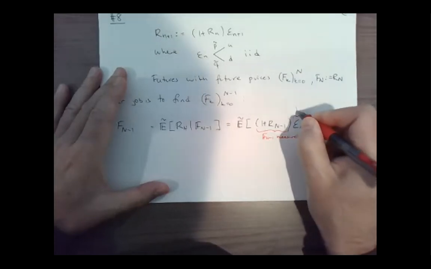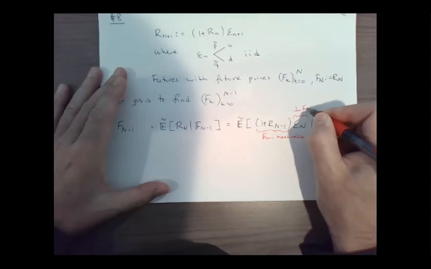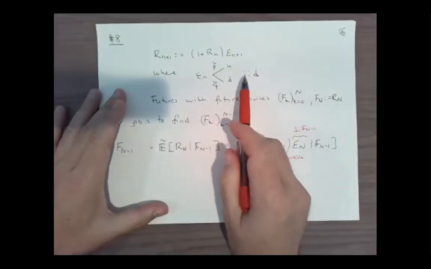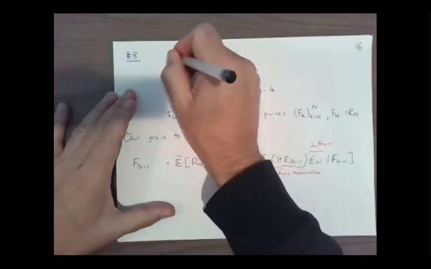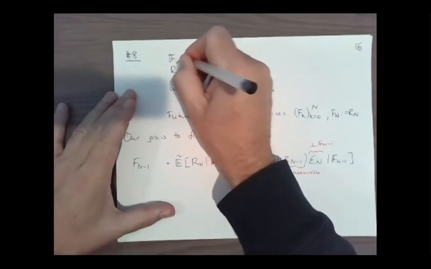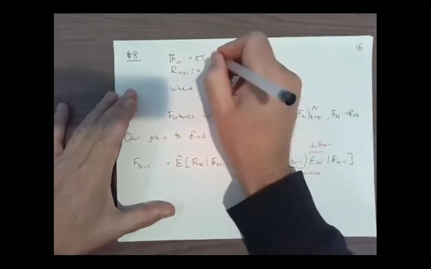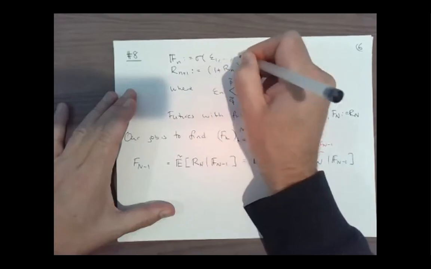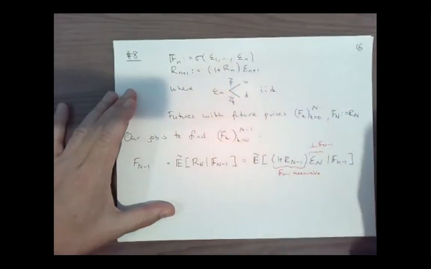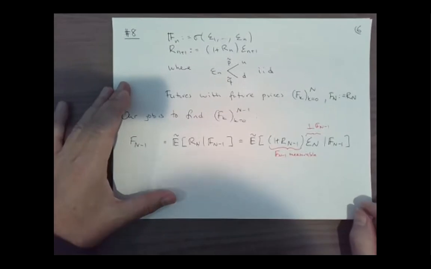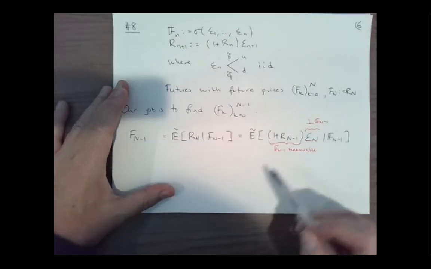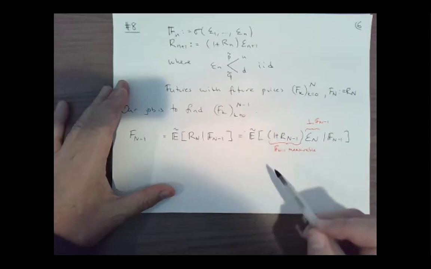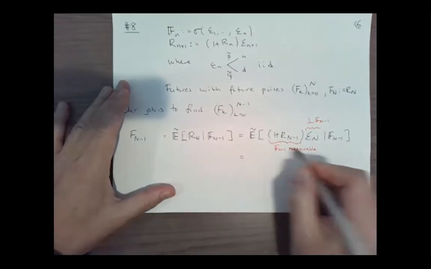This quantity is independent of F_{n-1}, and this is where we're using the IID assumption. Of course, I should have been more specific: F_n is the sigma algebra that the epsilons generate. So this thing is measurable and can go outside, and we just take the conditional expectation of the remaining components.